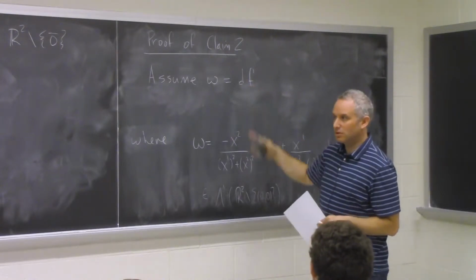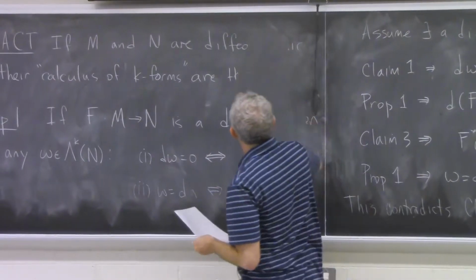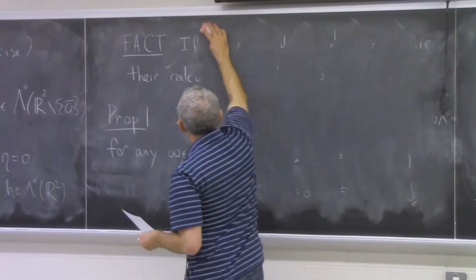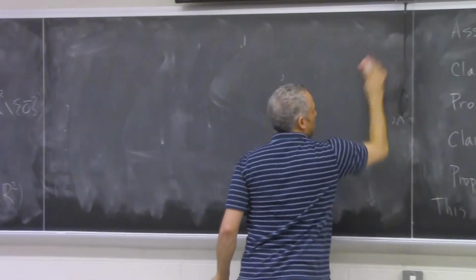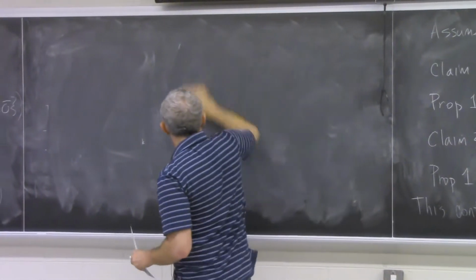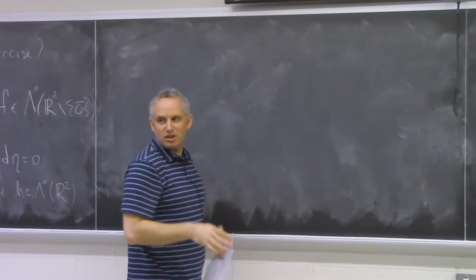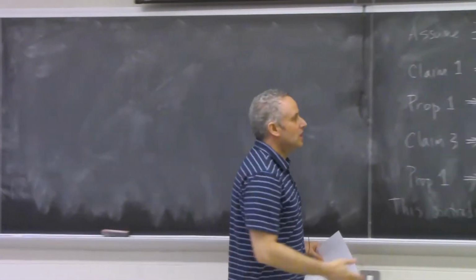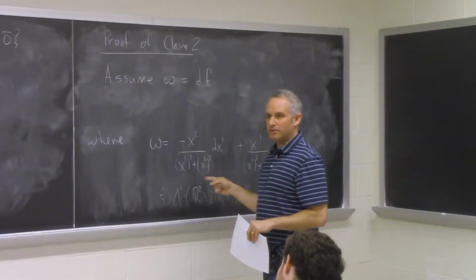All right? So that's what we're going to do. So where is our manifold without boundary? Well, the only manifolds that we're talking about at this point are the plane, which has no boundary, but we don't know how to integrate over it because it's not compact. And this doesn't live on the plane. This lives on the punctured plane, which also has no boundary.